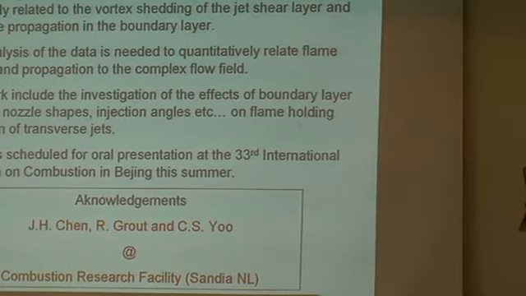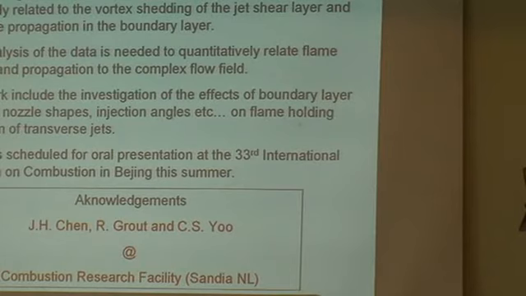I could show you the POD analysis of the LIF data, you would see a weak mean signal and a strong mode 1 covering the whole flame. So the flame is basically extinguishing and reigniting. We are near the lean limit. The jet is too low in velocity, so it does not create a strong wake.